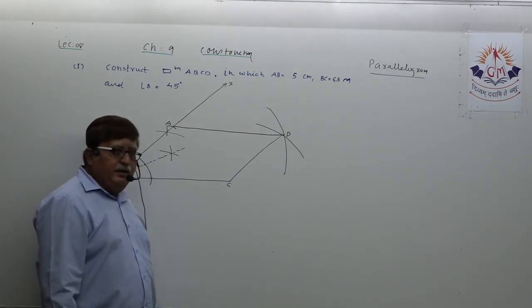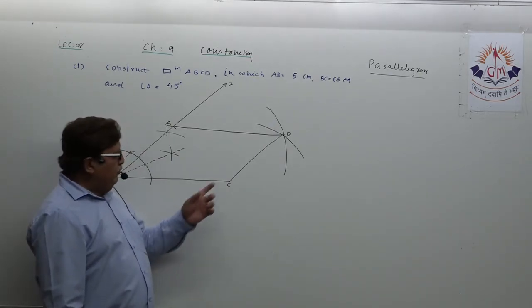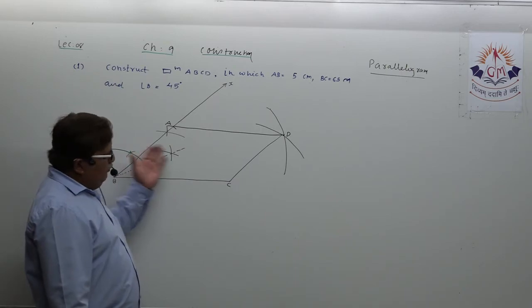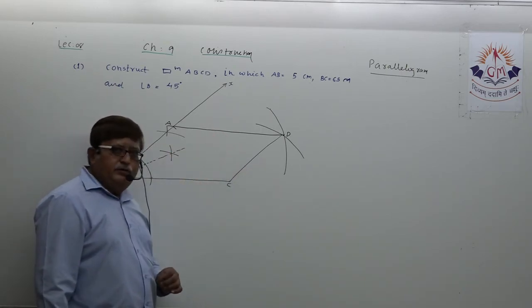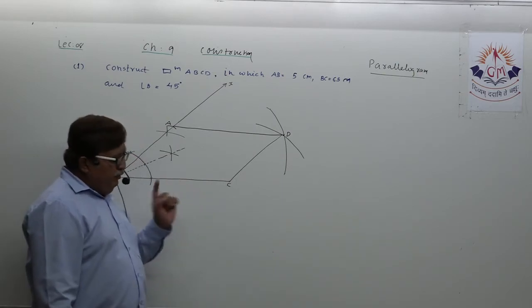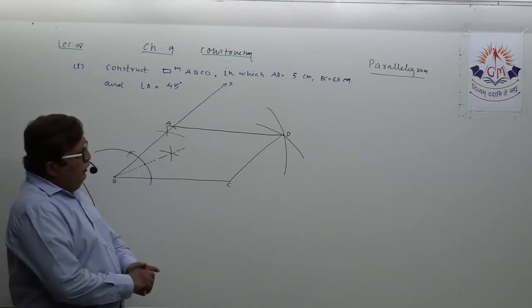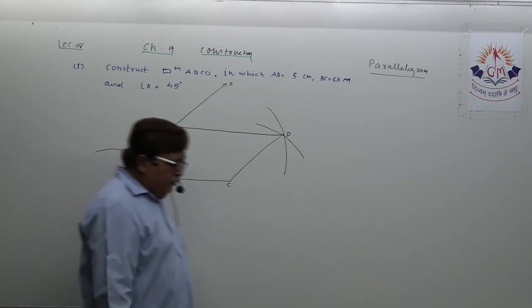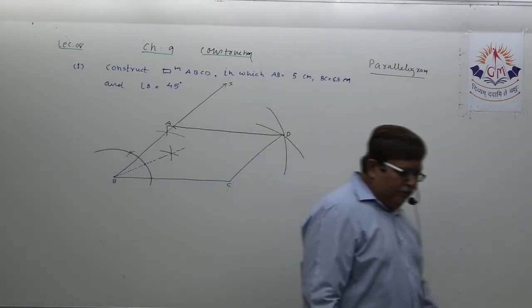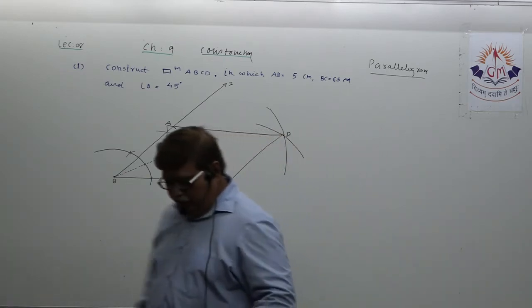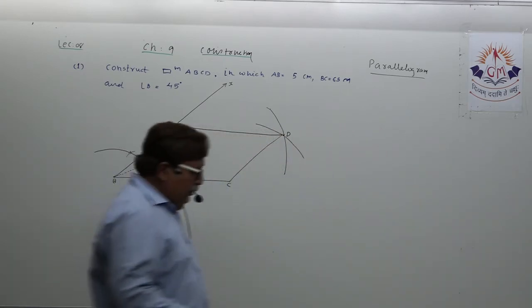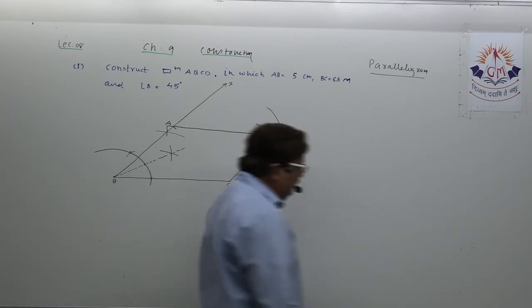After you have drawn the construction, you measure: this is 5, this is 5, this is 6.5, this is 6.5. So this way the construction got over. First you just have a look at the construction, how we have performed it.